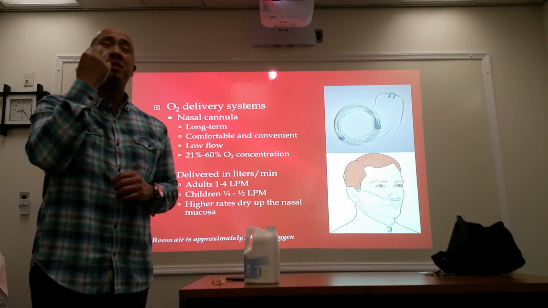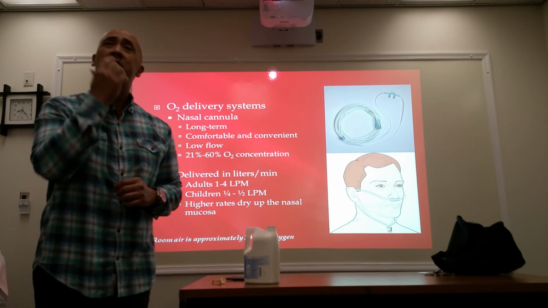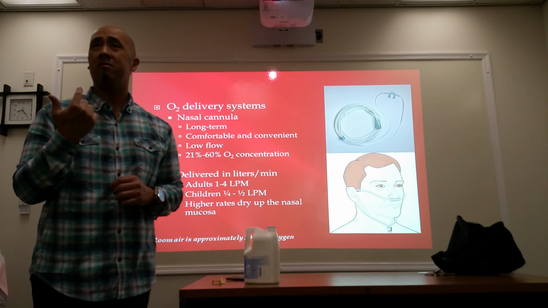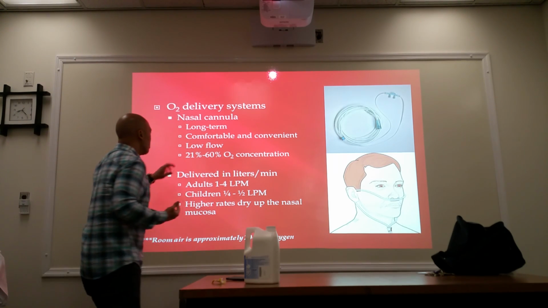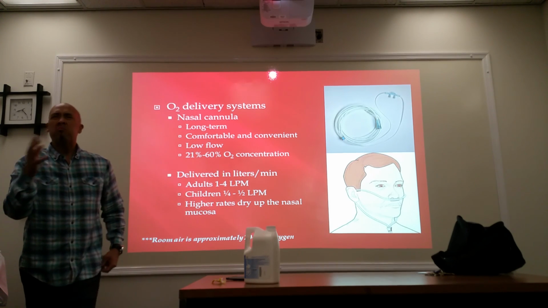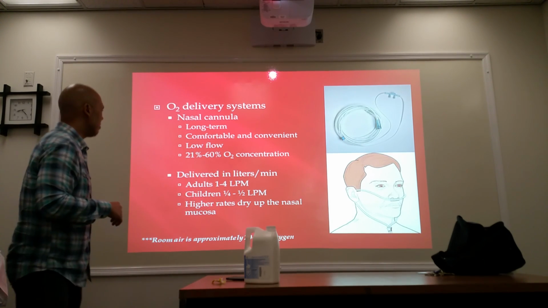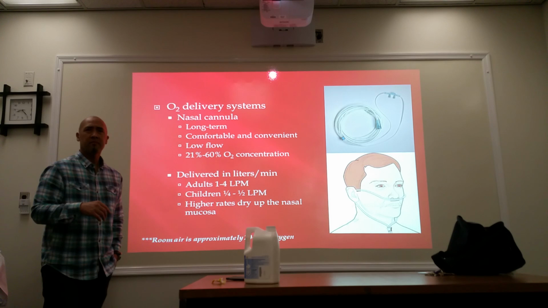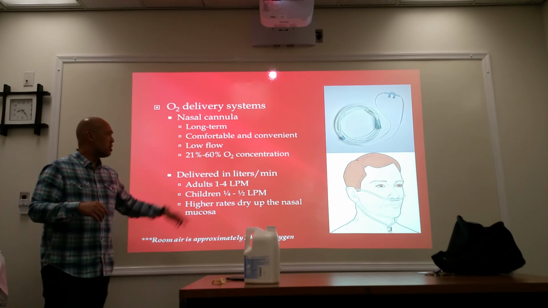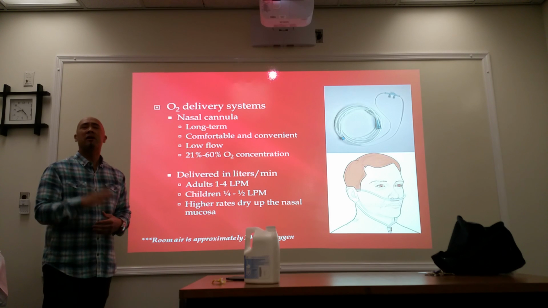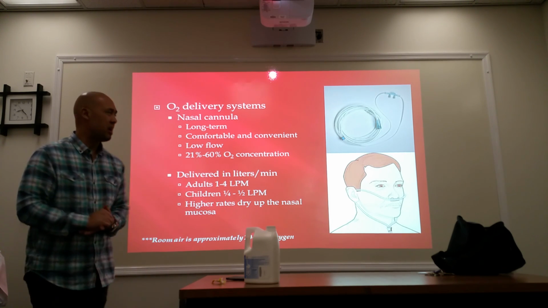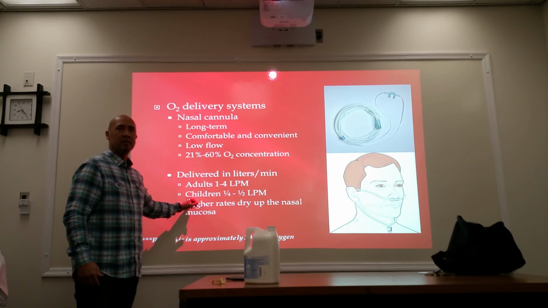So your nose may become irritated, and it may also cause your nose to bleed. But we usually do it in low flows, around 2 to 4 liters per minute, on the average. You can go as low as 1, but it doesn't do anything. So we go a little bit above, 2 to 4 liters per minute on average. For children, it's a little bit less.